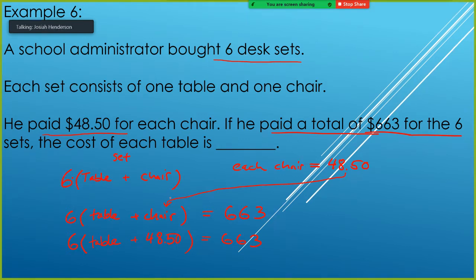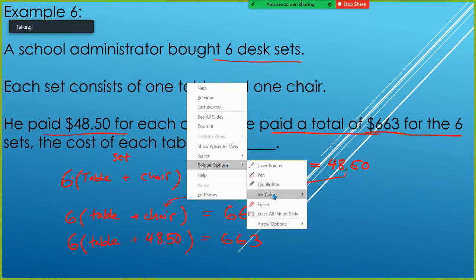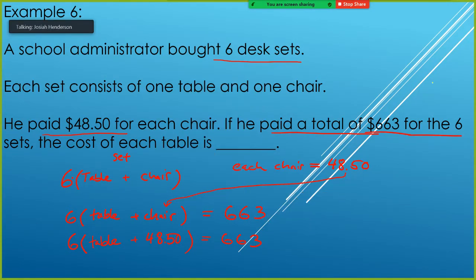Okay, so how do I solve this mess? I'm going to change my color real quick to yellow. Okay, so last week we saw distribution, where the 6 right next to the parentheses is being multiplied. So we can multiply 6 times the table and 6 times the $48.50. So I think I'd like to start like that.